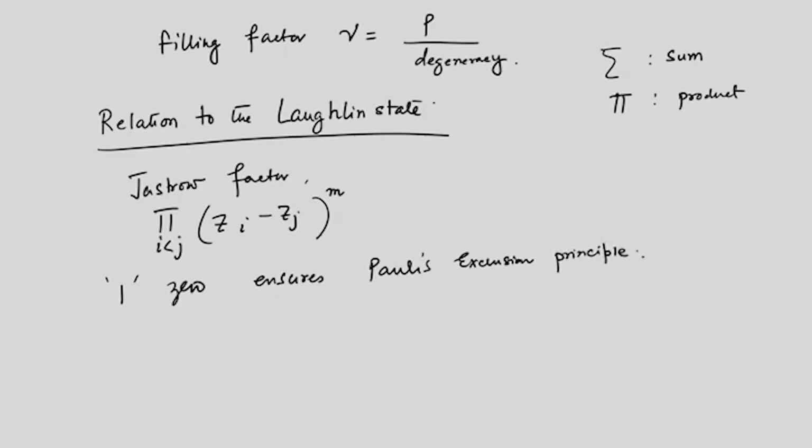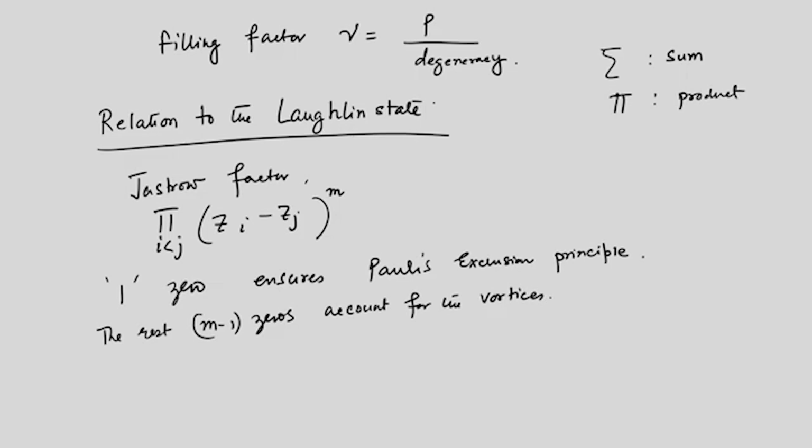The rest, m minus 1 zeros, account for the vortices. And what are the vortices, or what is a vortex?